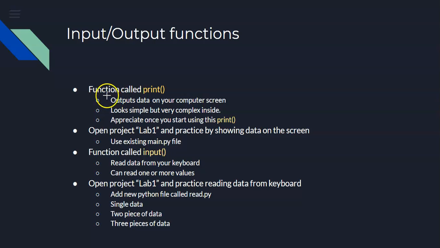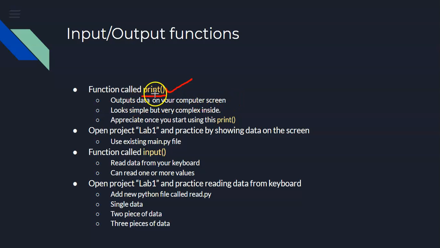In Python there's a function called print. Now you know how to identify whether something is a function or not. This word is print followed by parenthesis, so we know this is a function. What does print do?